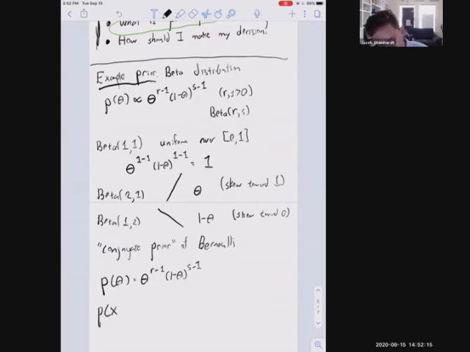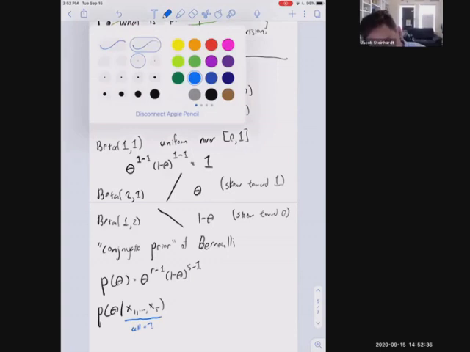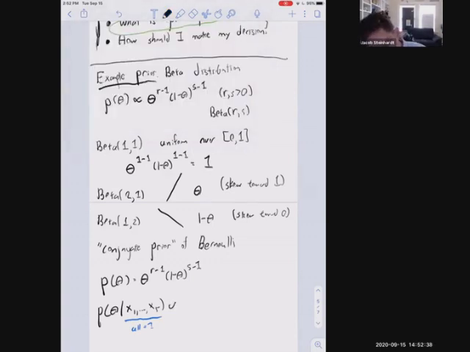Then let's do the posterior for the particular observations we had in mind, so let's suppose these are all equal to 1. The posterior is going to be proportional to the likelihood times the prior.